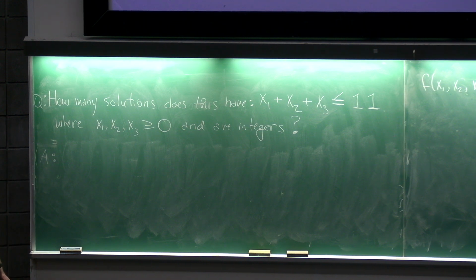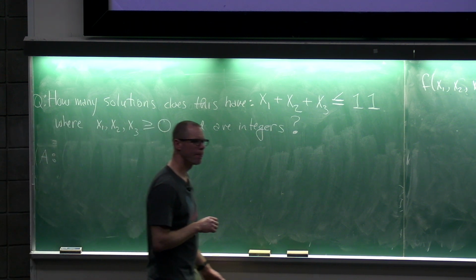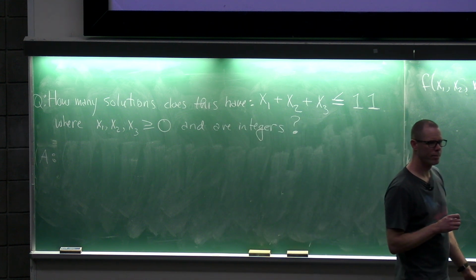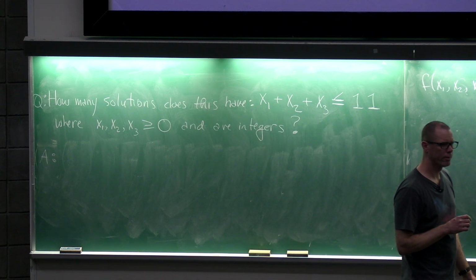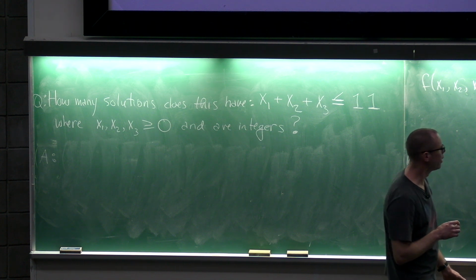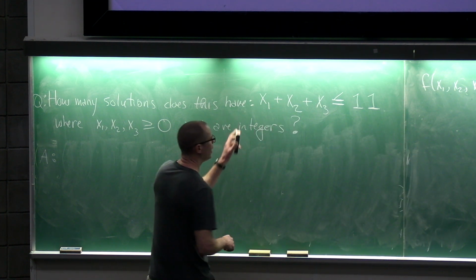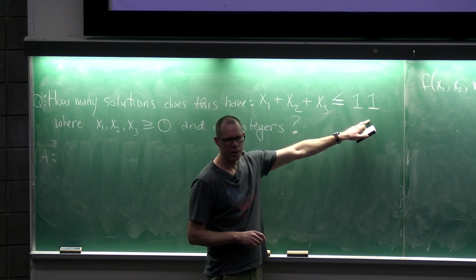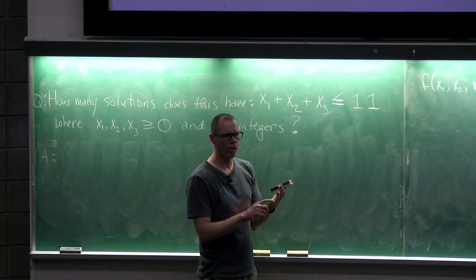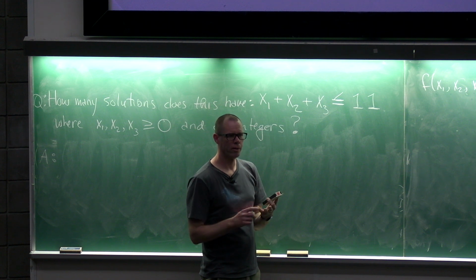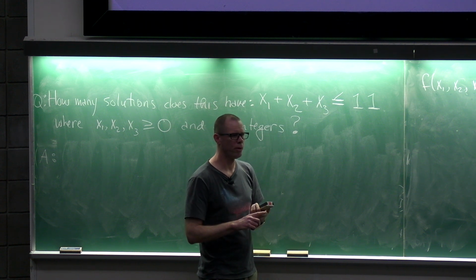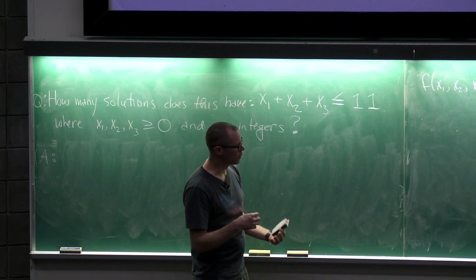So there's a long way and a short way to do this. Can anyone tell me the long way? Yeah. If they add up to less than or equal to 11, then either they add up to 0, or 1, or 2, or 3, and so on, all the way up to 11.